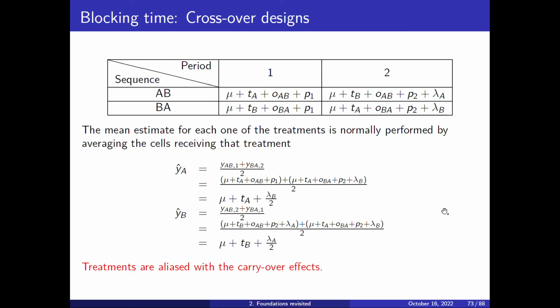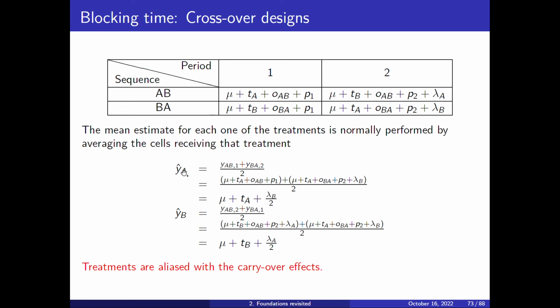Now how do we estimate the mean for each one of the treatments? We typically average all those individuals receiving the treatment A. Individuals receiving treatment A are these ones and these ones. So we add the two, compute the average. This is the expected value for these ones, this is the expected value for these ones, and we divide by 2.